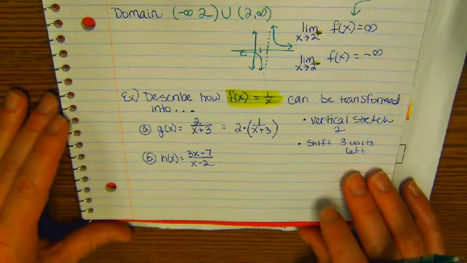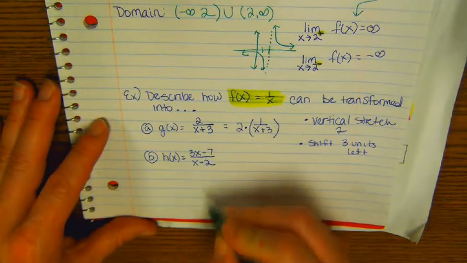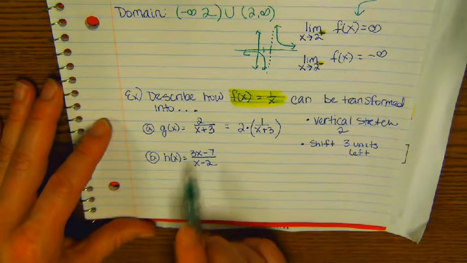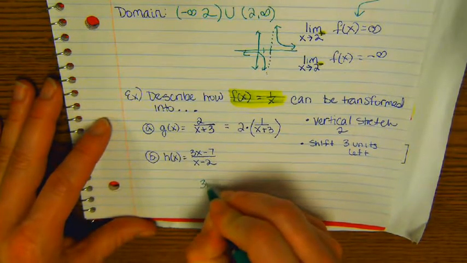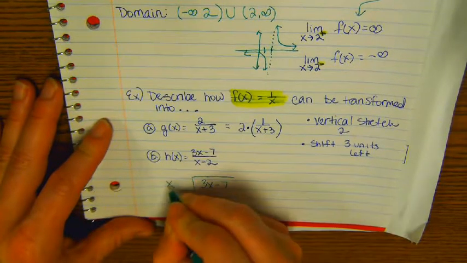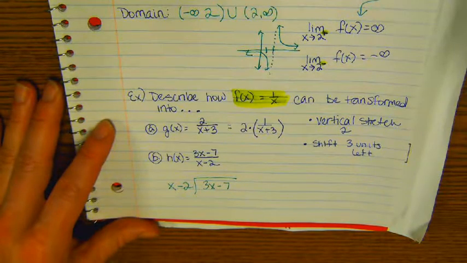I am going to write the division out, and then you're going to be able to see the transformation. And by division, I mean this means that 3x minus 7 is divided by x minus 2. And so what we're going to be able to see is this written as a remainder. That's where it becomes important.